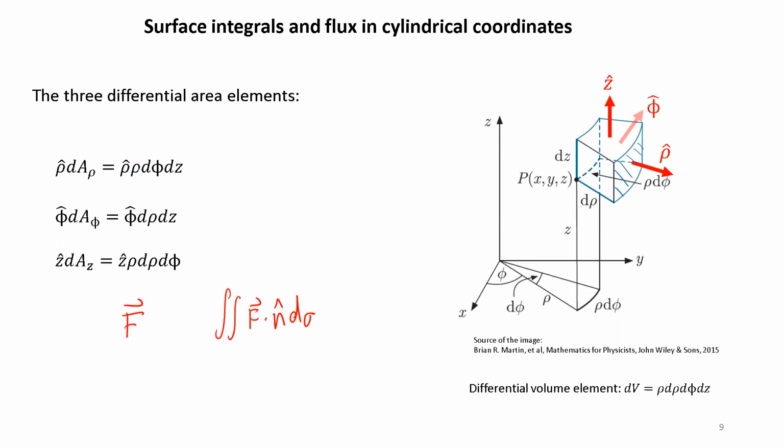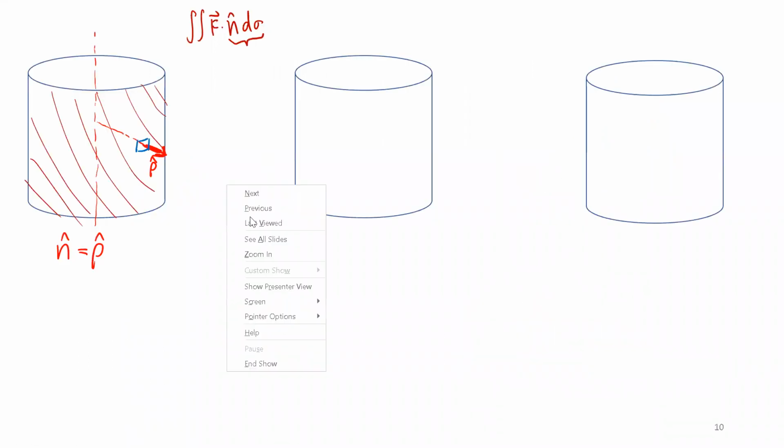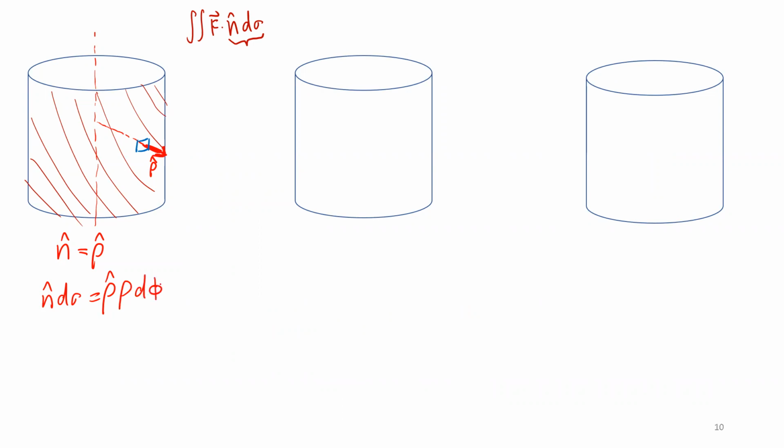So that means we are taking this one as our n hat d sigma. So the n hat d sigma is rho hat rho d phi dz.